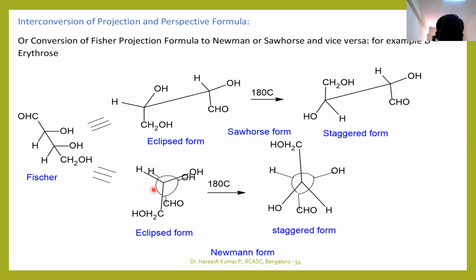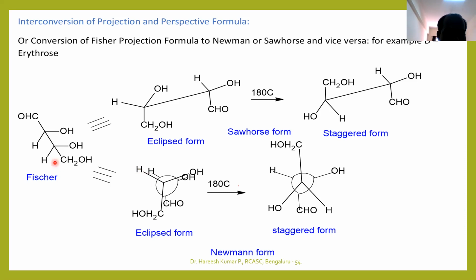In the Newman projection formula, this is the front carbon atom and the circle is the second carbon atom. You can take this carbon atom as the front carbon atom, and this CH2OH is this one, OH will be this one, hydrogen will be this one.